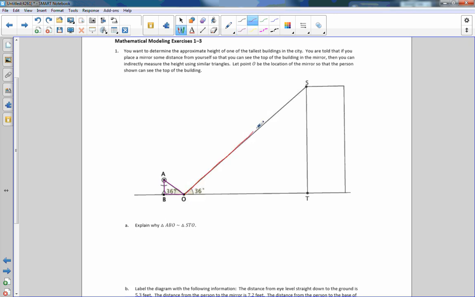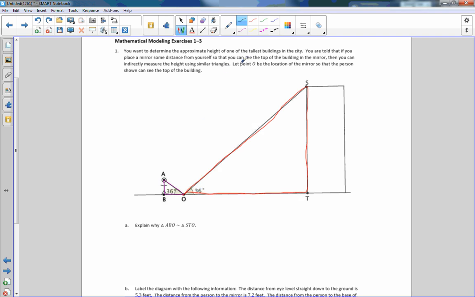I'm going to try to draw this as neat as possible. Okay, so here's the other triangle. These are the two triangles that we are going to assume are similar. Okay, well, we don't have to assume they are similar because this angle here, angle SOT, is 36 degrees.